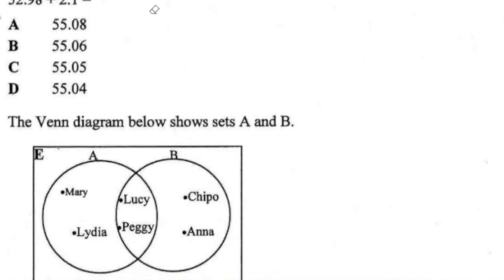For us to do this, first we change these to whole numbers, so we're going to multiply, because here there are 2 decimal places, here there are 2 decimal places. That means we are going to multiply by 100. So when you multiply this by 100, it's going to give us 5,298.